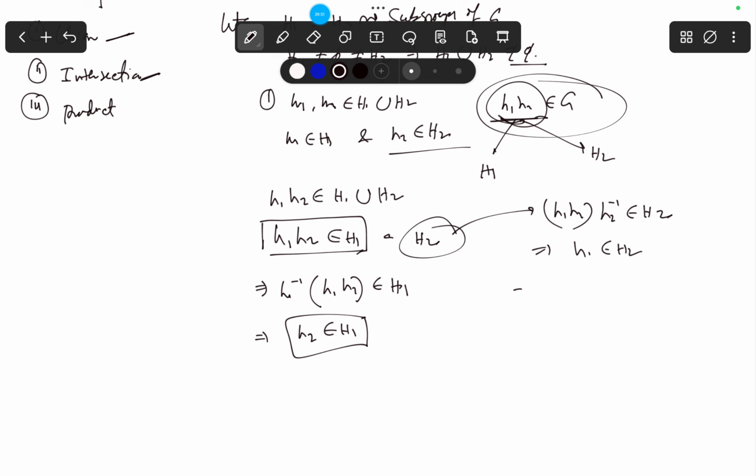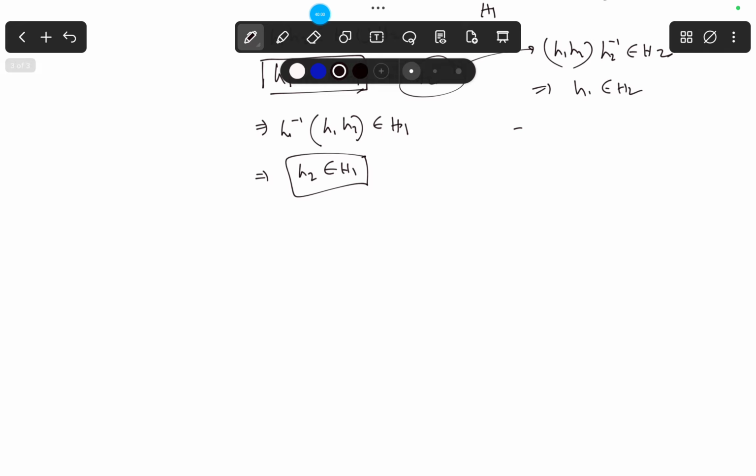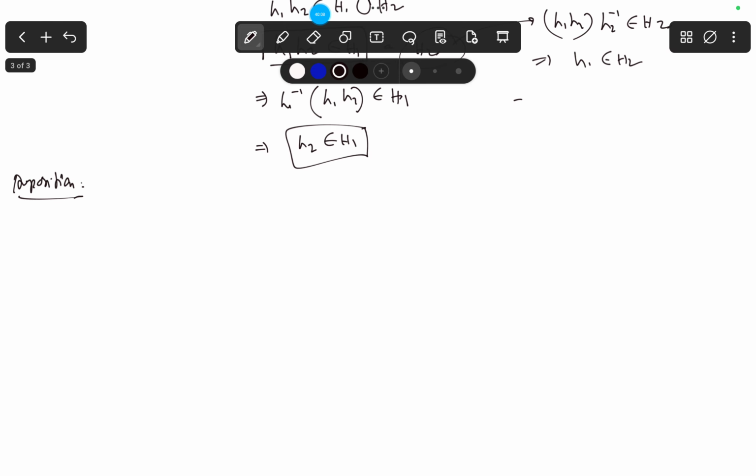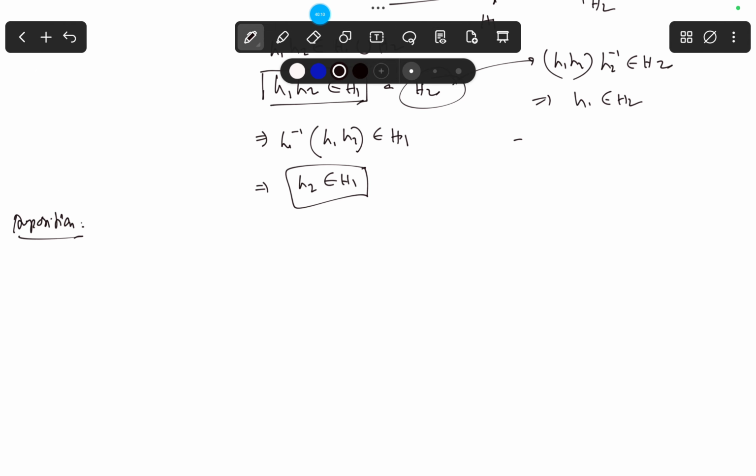this will be related to the existence of some element inside the subgroup, and that will imply the existence of the same element in another group, right? So that's why you can take the help of this proposition, which identifies this particular crucial point.